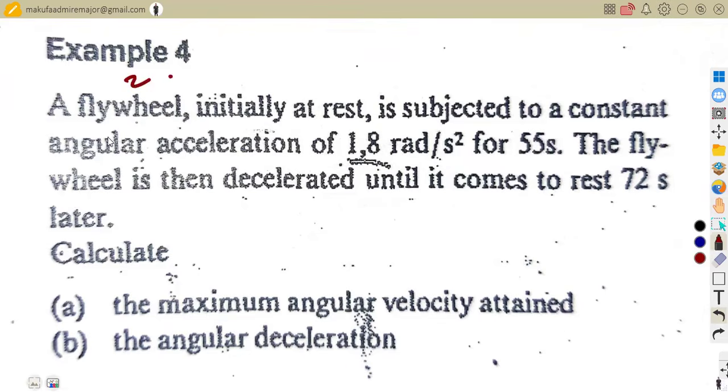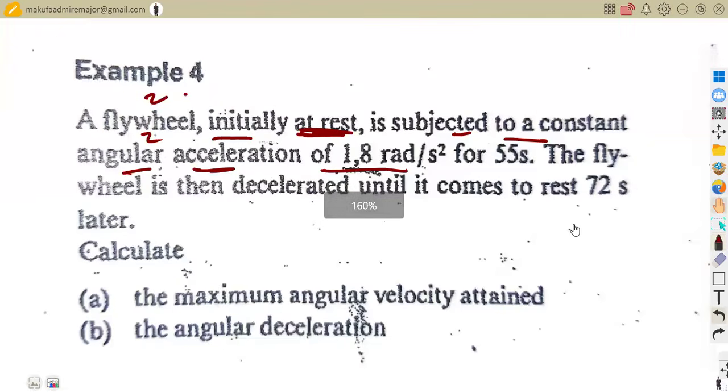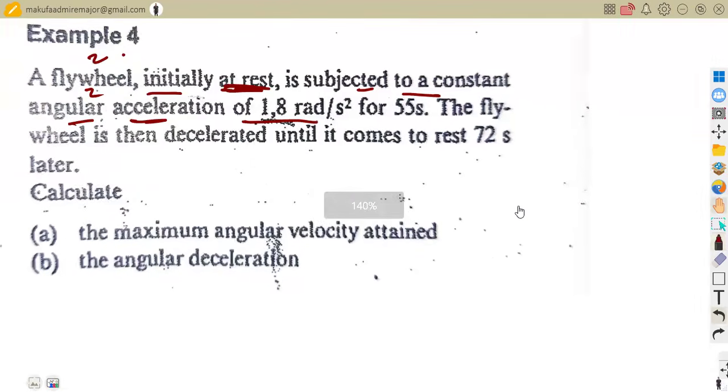On example number 4, we are given a flywheel initially at rest. It is subjected to a constant angular acceleration, meaning there's an increase in speed. Let's take note of what is happening here.